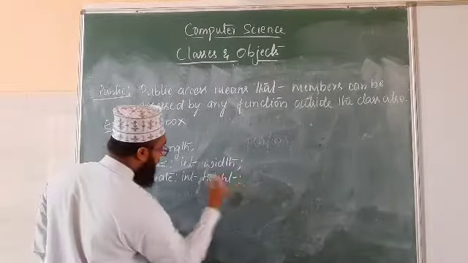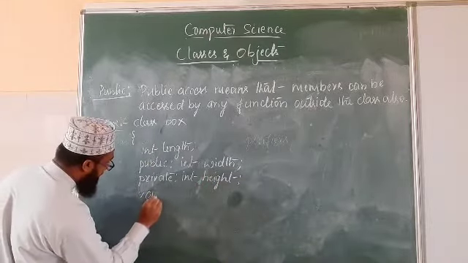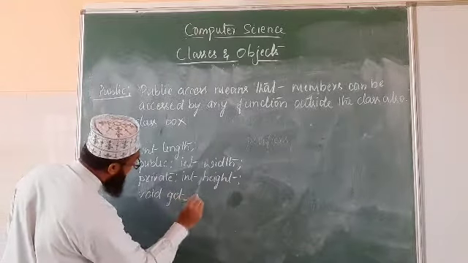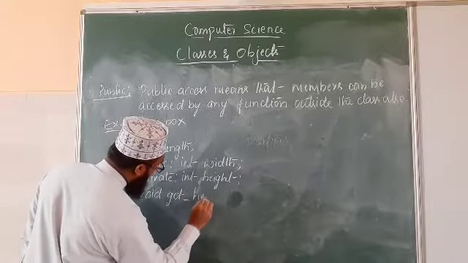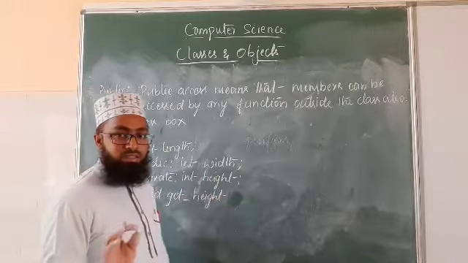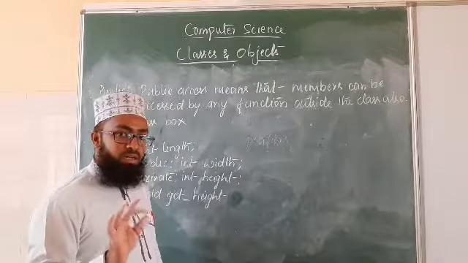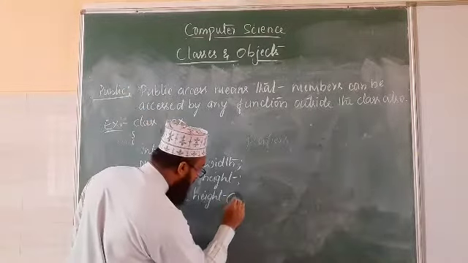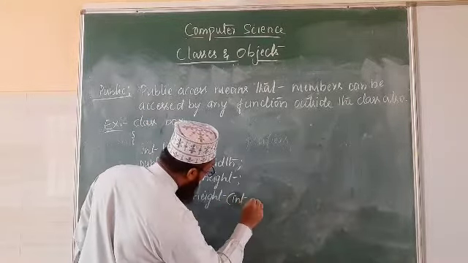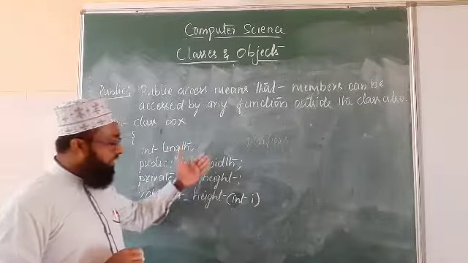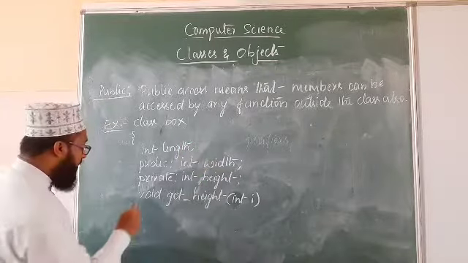Then after that void get height. This is a member function, and inside the parentheses we can give any argument. Take an argument as i, defined publicly.